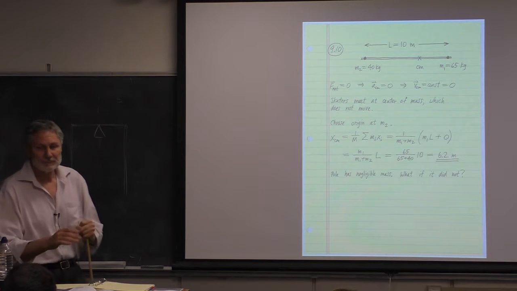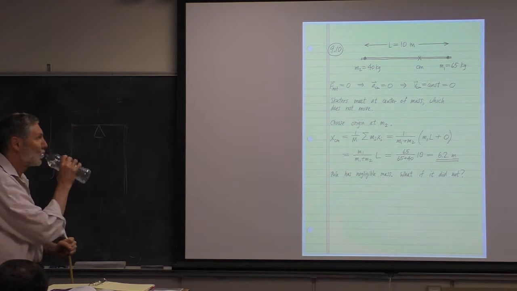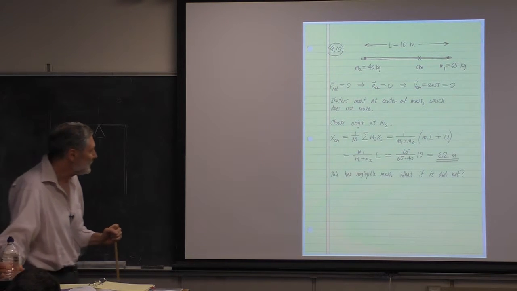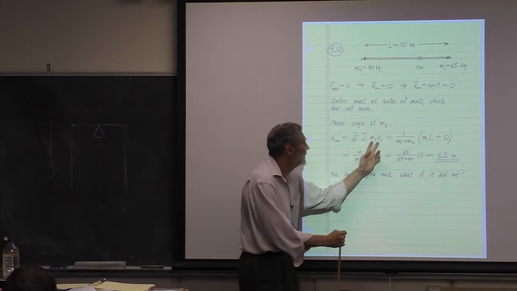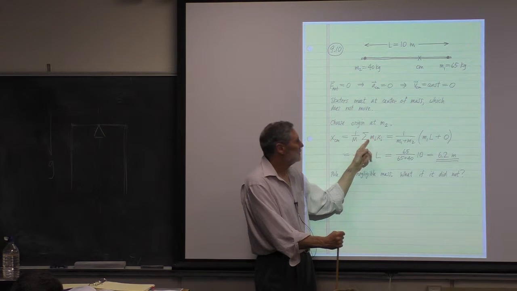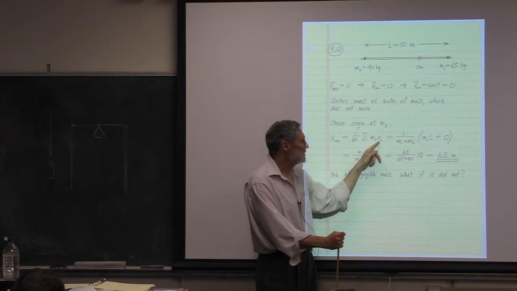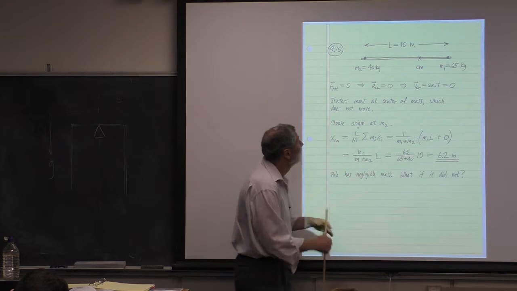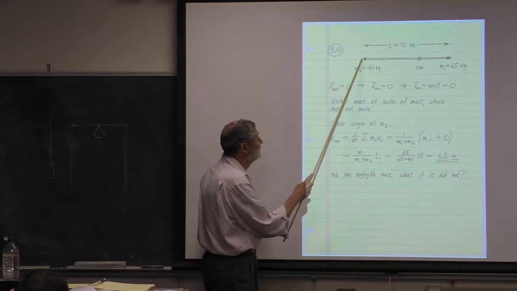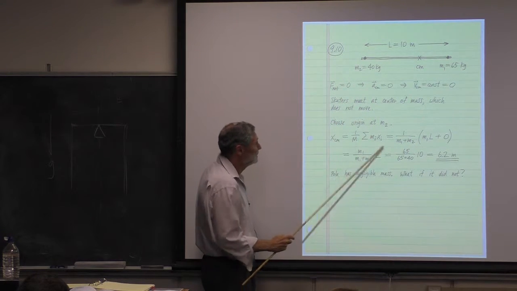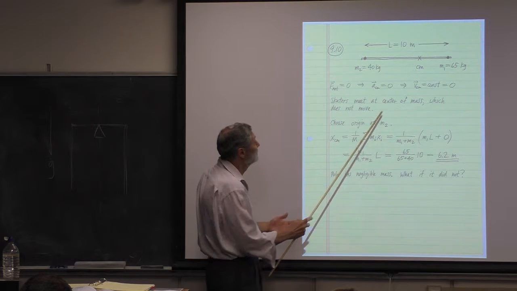Now, why doesn't M2 contribute? In our formula there's a definition. These are the moments. It's each mass times the distance it is from the origin, the signed distance, the x location. We're doing this initially, of course, and it won't change.